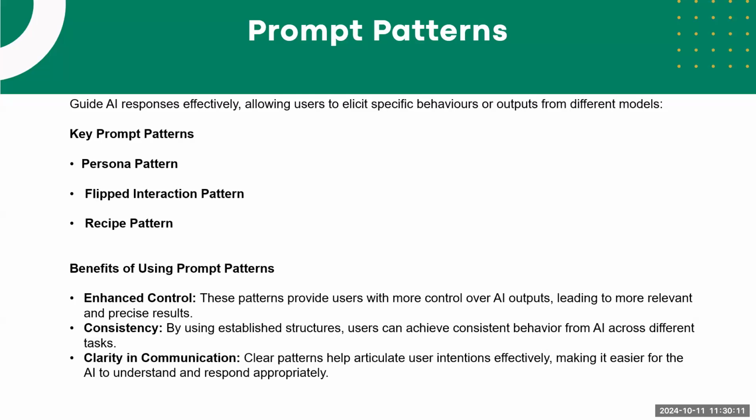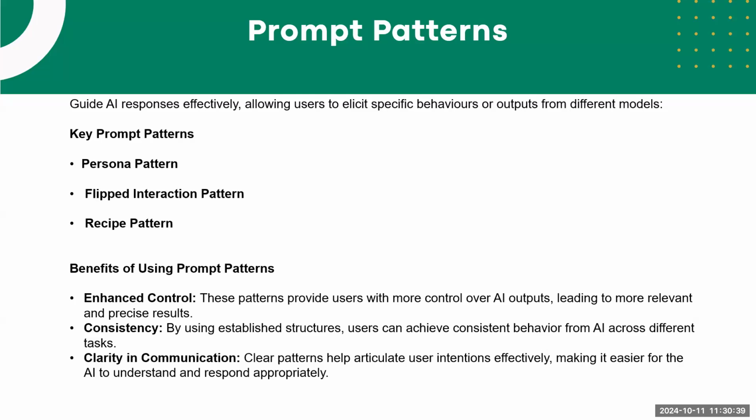Especially when you're creating templates, it's useful to use these patterns because they will give you a more consistent response, because these have been developed with an understanding of how the AI is going to interpret these patterns. So it gives you a little bit more control over the outputs.